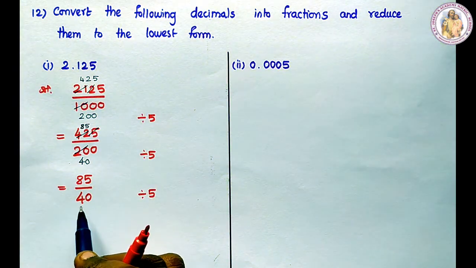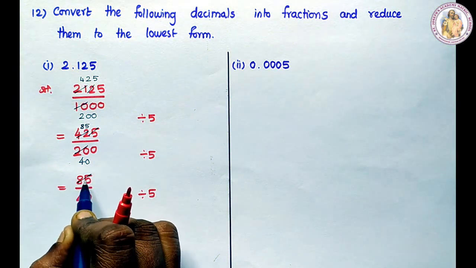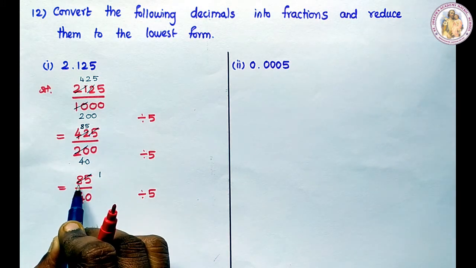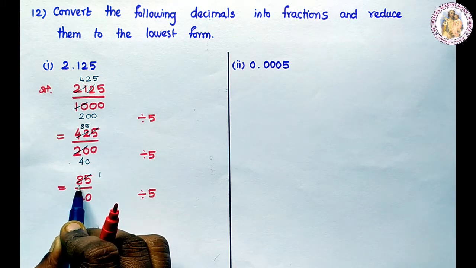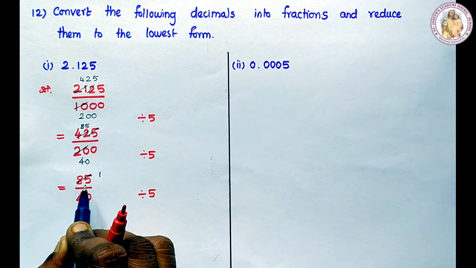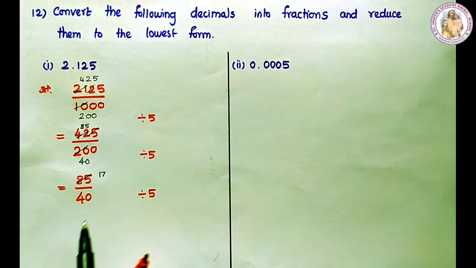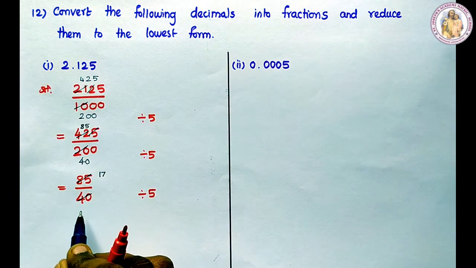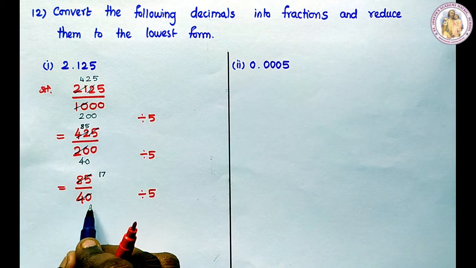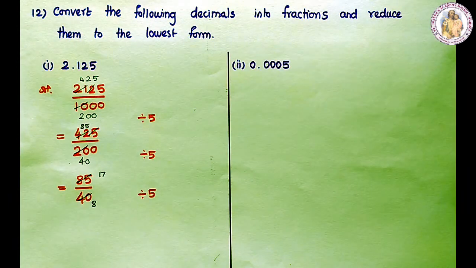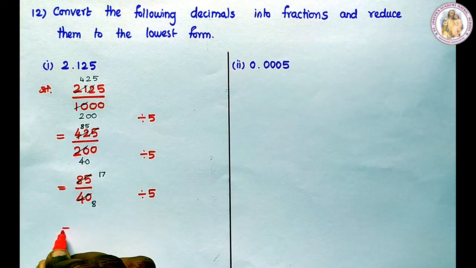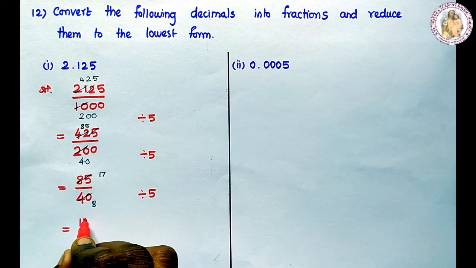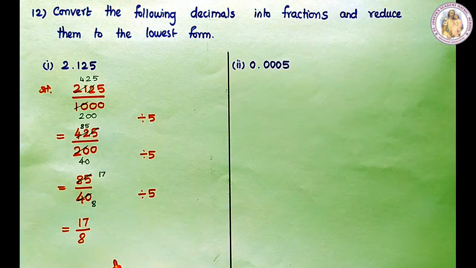Both the numbers are divisible by 5. How many times? 1 5 is 5. Balance 3. It becomes 35. So that is 17. Here how much? 8 5s are 40. So what is the last number? 17 by 8.